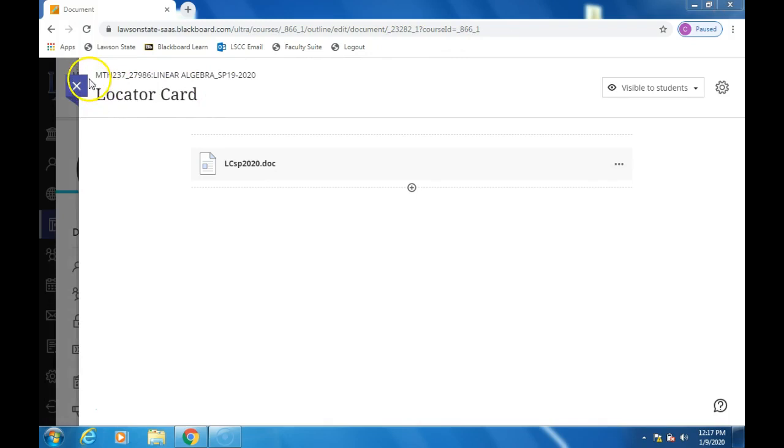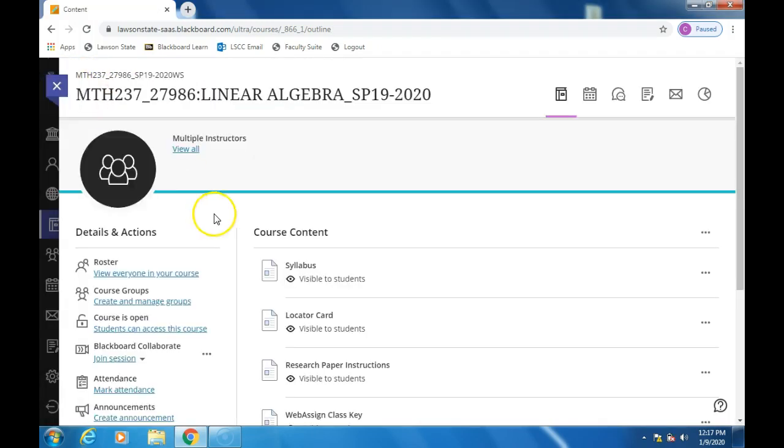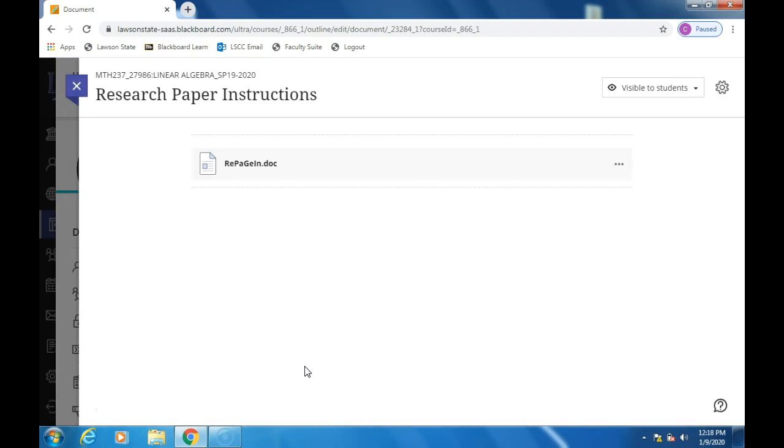And go back to research paper instructions. And I should be able to click on that, but I haven't gotten it to work, so I have to come over here and download the original file.